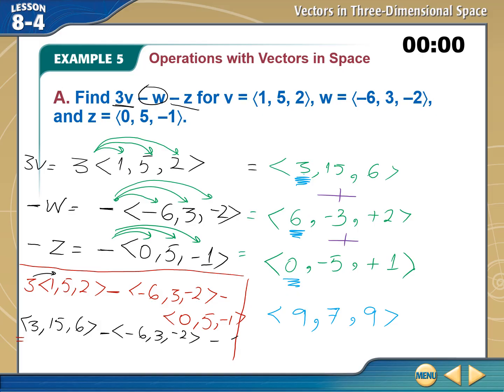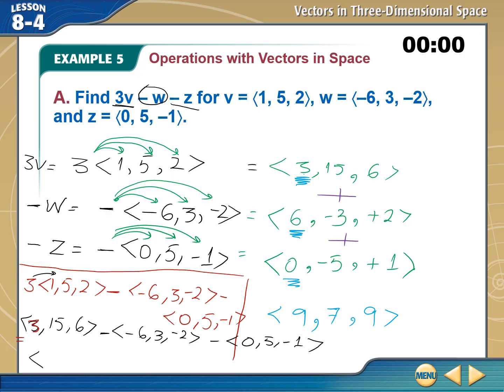Do not change them, because there is no scalar quantity outside those vectors. Now what do you do in the end? You perform the operation on the x components.